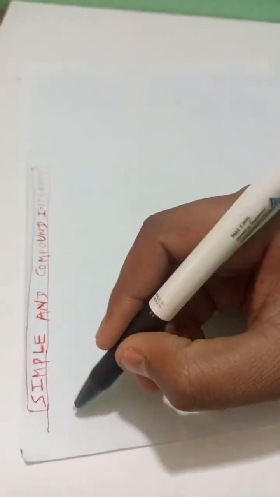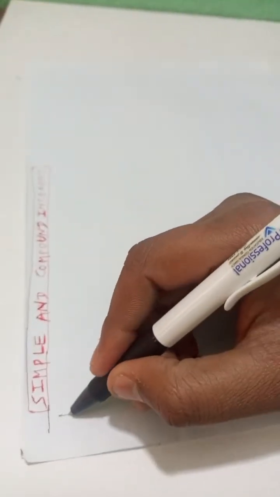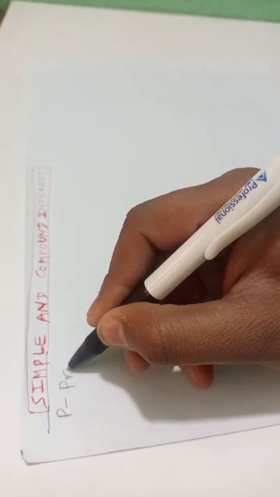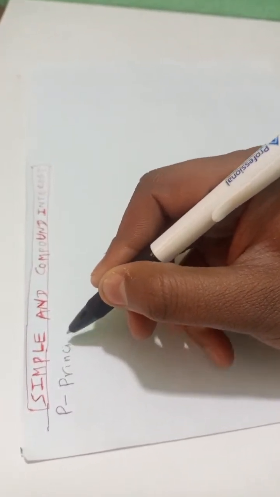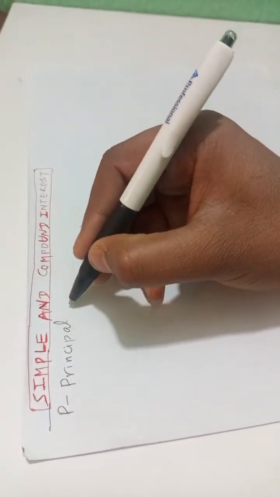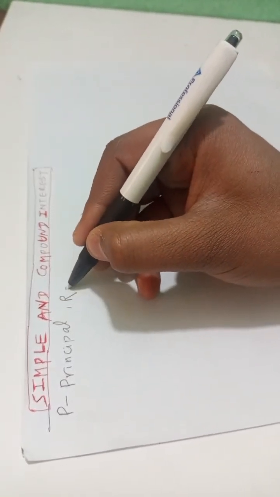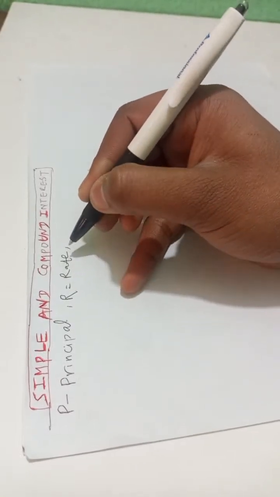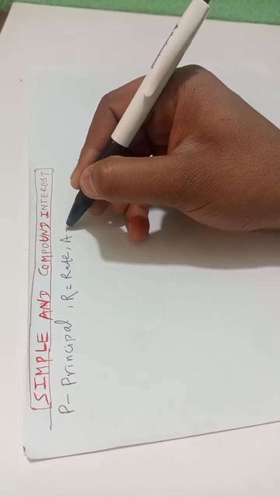Now you have to know some things about the symbols and their meanings also. P means principal. R means rate. A means amount.